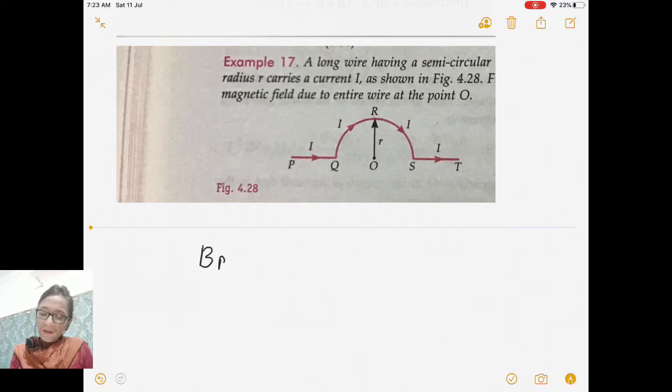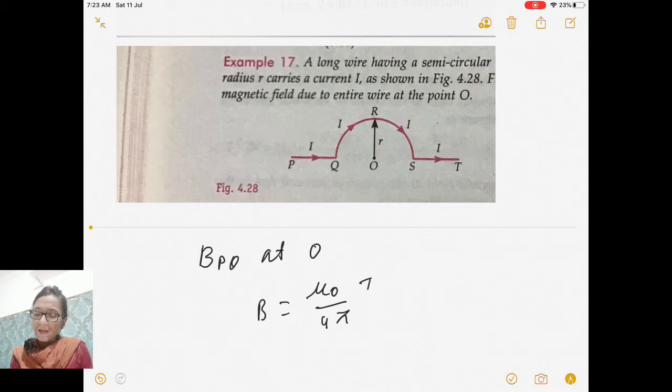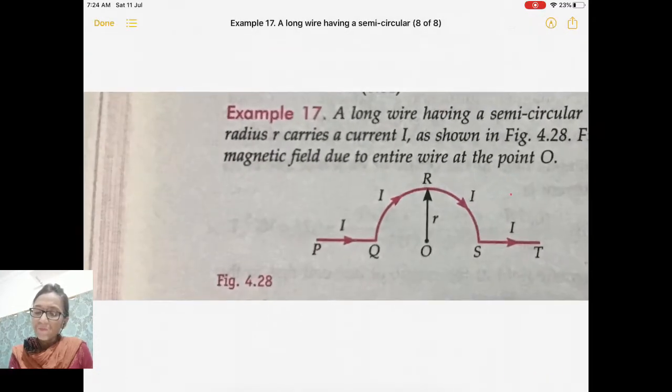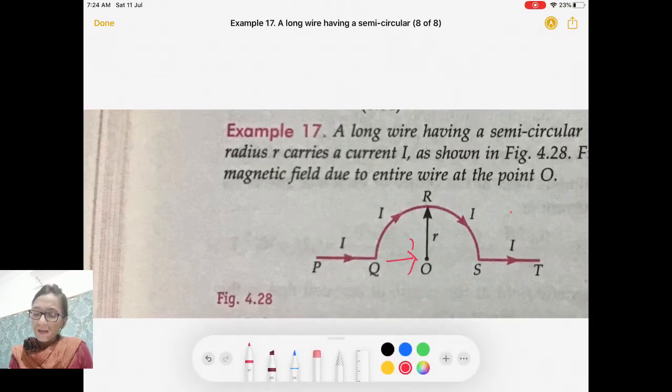B due to PQ at O. Now here you can see that B due to a straight current carrying wire is B equal to mu naught upon 4 pi, I dl cross R upon R cubed. So the angle between dl and R: R is along this direction, dl is also along the same direction.